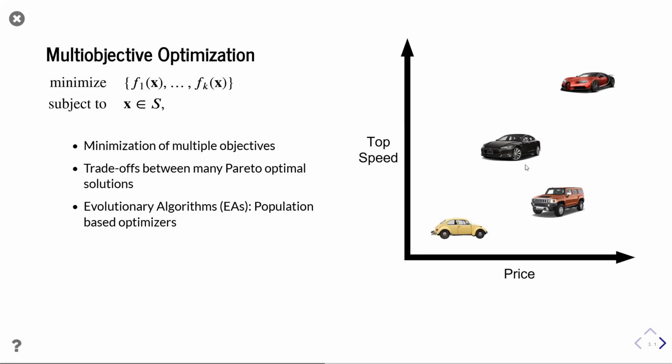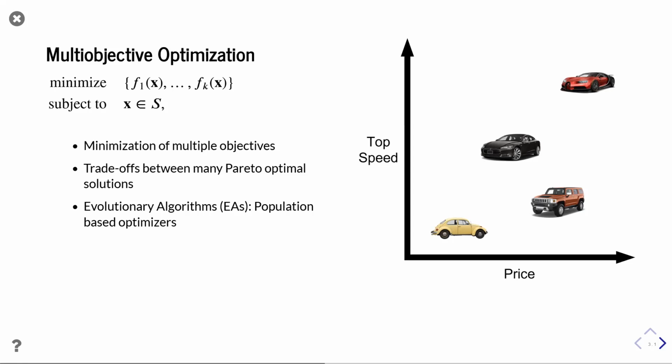So the aim of any algorithm that tries to solve these multi-objective optimization problems is to find this set of solutions which try to optimize both of these objectives as well as possible. And there are always a set of solutions that satisfy this criteria, not just a single solution.